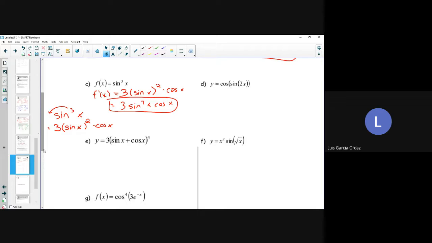So for that one, it's basically allowing you to bring that power to the front, because I know usually sine cubed of x is different from sine of x squared. Or in order to avoid this, you can just simply write, if you bring this forward, you get 3 sine squared x, if that helps anymore.